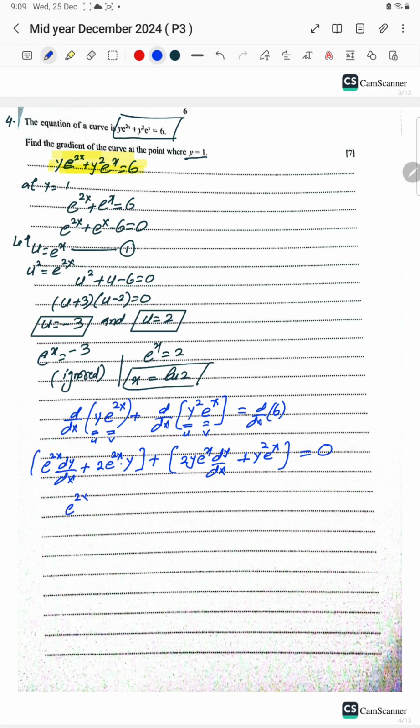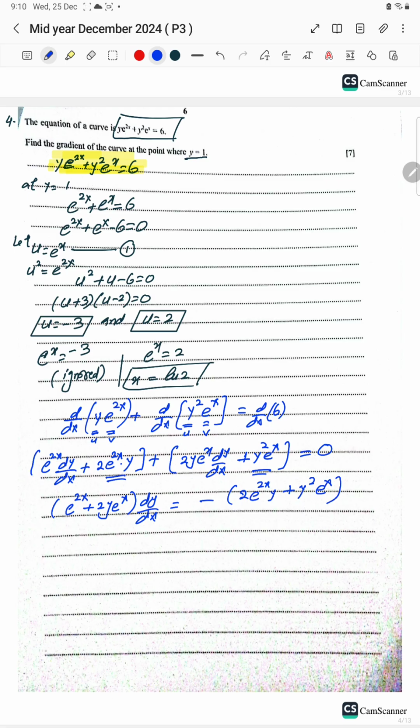e raised to power 2x plus 2y e raised to power x, times dy by dx, equals minus, because these terms go to the right side and become negative, 2 e raised to power 2x y plus y squared e raised to power x.